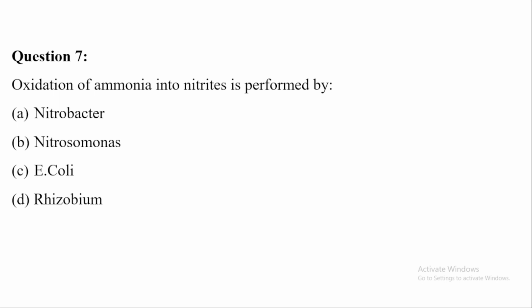The answer for this question is Nitrosomonas. Nitrosomonas are the bacteria that can convert ammonia into nitrite. Other than that, there are other nitrogen fixing bacteria, Nitrobacter and Rhizobium. E. coli is not involved in the nitrogen cycle.